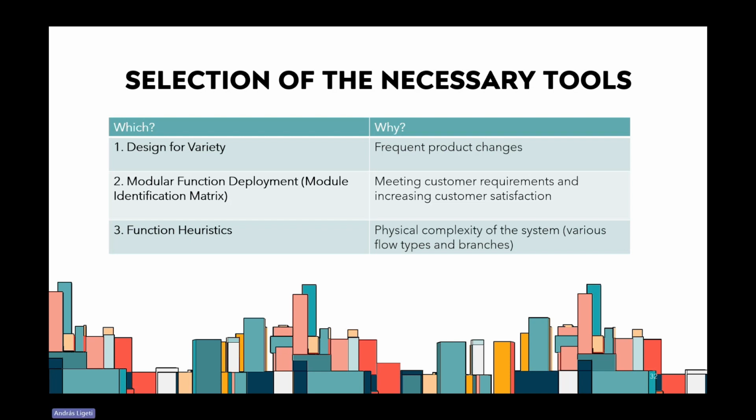And the last one was functional heuristics, because their system was quite complex and they wanted to include that complexity in the tools. Functional heuristics is quite a good tool for that because it maps all the different kinds of flows that you have in the system. They also had different flows and different branches, so we were curious how we can use this tool on the basic flow map of the product that they had.